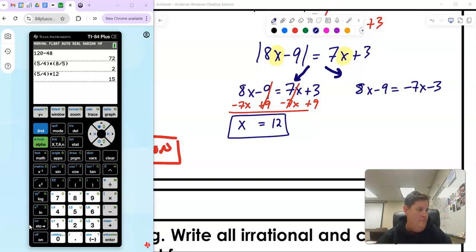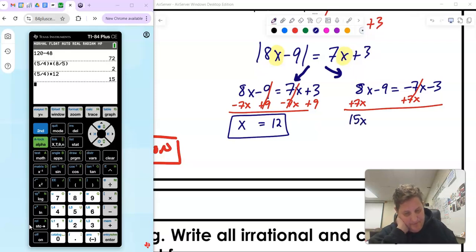Okay? On the other side, I add the 7x over. That gives me 15x. And I add the 9 over. Negative 3 plus 9 is 6.